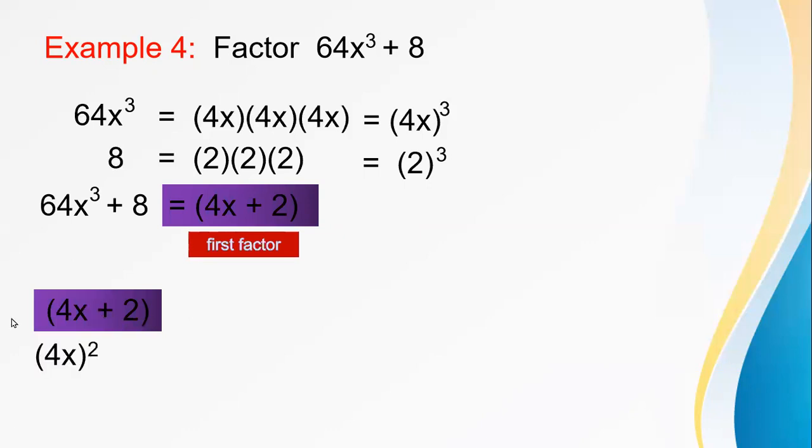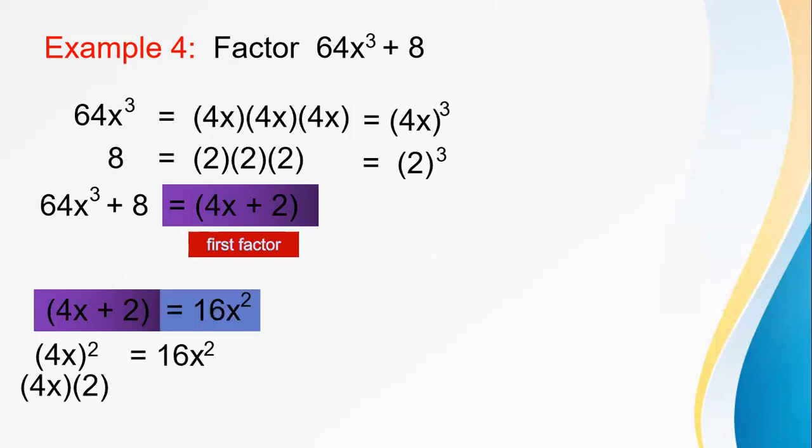Square the first term, the first cube root, 4x squared. We have 16x squared, that will be the first term. Then multiply the two cube roots: 4x times 2 is 8x, so that will be the second term.